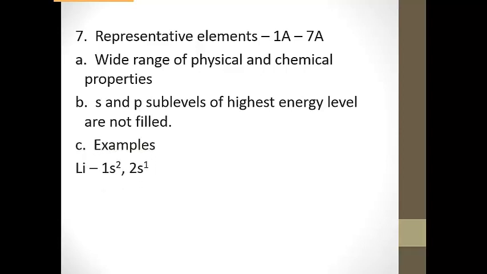So for example, lithium is not full because the second energy level is missing an electron. You have things like silicon, where its highest energy level is the 3 with the p sublevel, but it can hold a total of 6, and it only has 2.